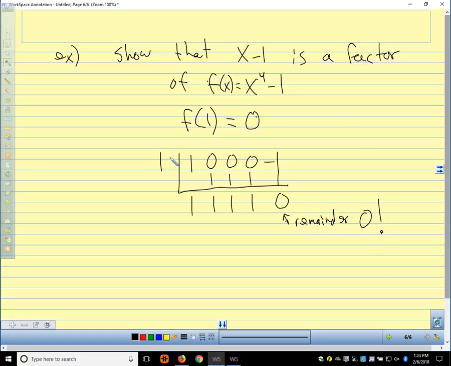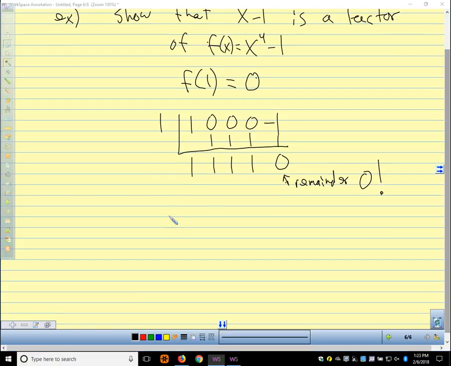That tells us that x minus 1 is a factor. But that also tells us that x to the fourth minus 1 is x minus 1 times x cubed plus x squared plus x plus 1. So we've gone one step into factoring x to the fourth minus 1.